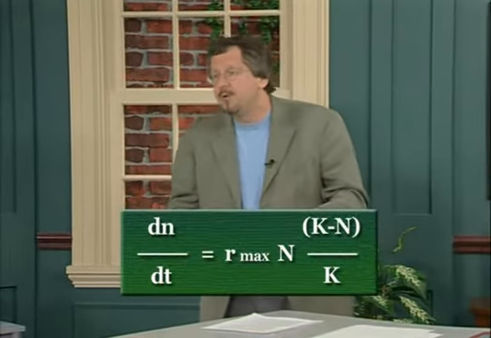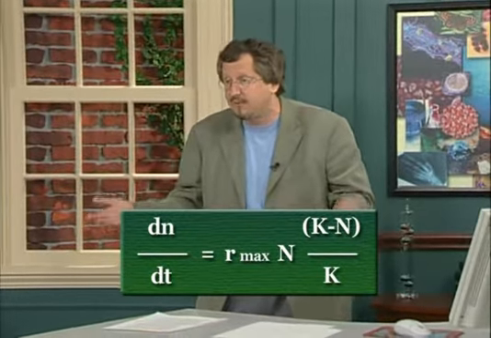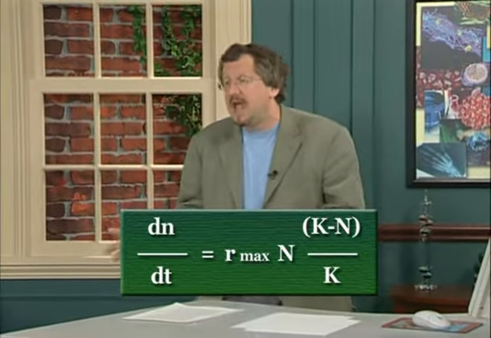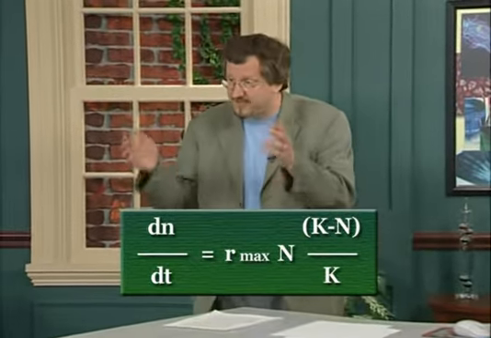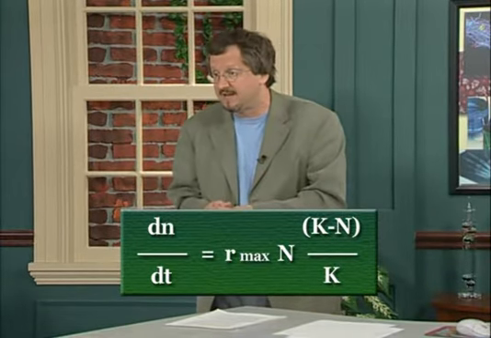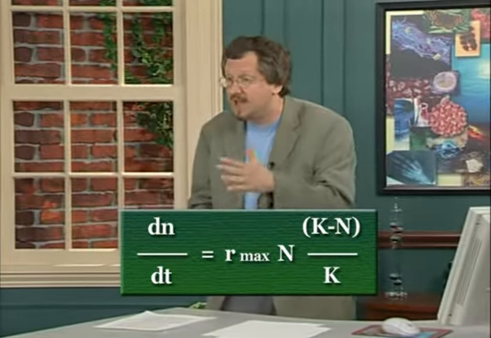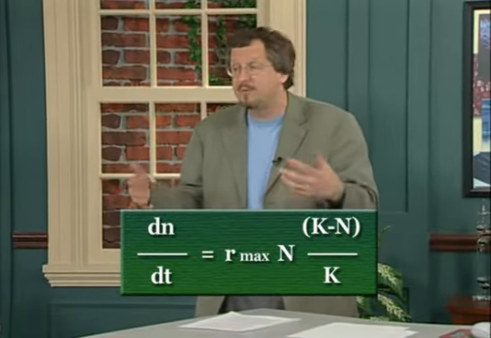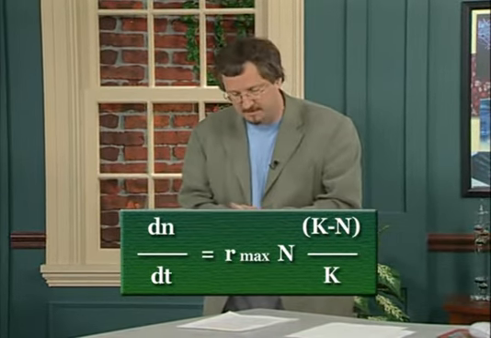The reason is that our logistic growth model would predict that the reproductive rate of the population, R, would become zero. Effectively it becomes zero because of that term we added to the equation last time, (K minus N) over K. Once N equals K, that term becomes zero, and so we predict zero population growth.